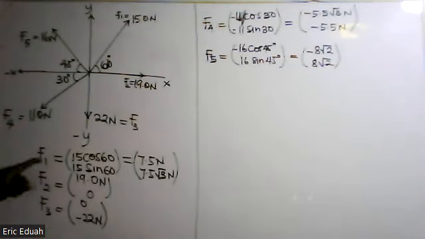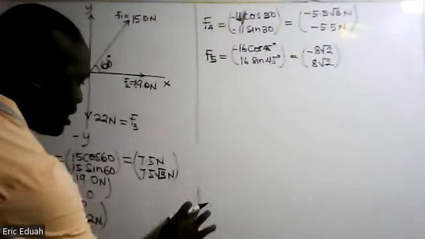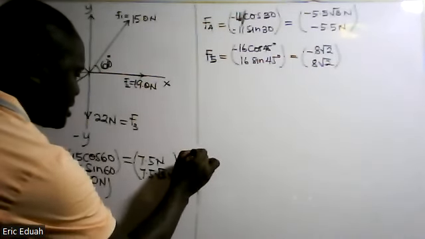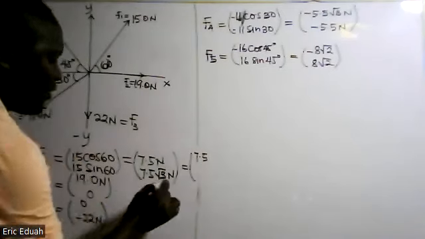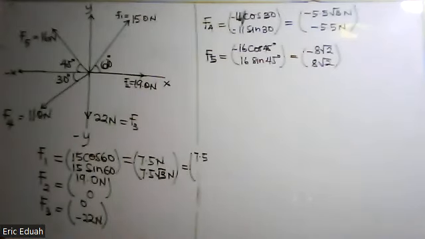Let's start from F1. The x will still be 7.5. Give me the y in decimals. 7.5 root 3. Are we there? Please, 10.606? Come again.